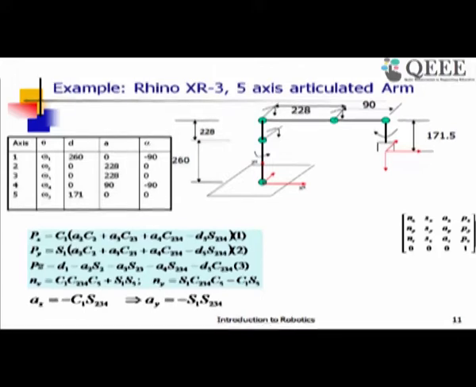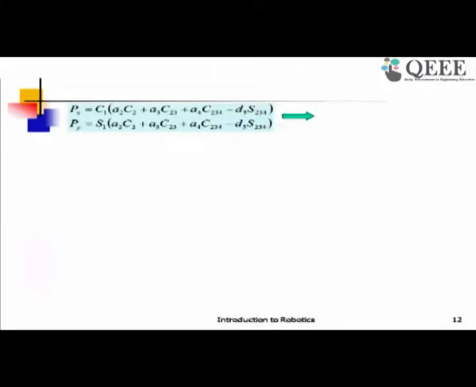So let us see how to solve this. Take the first equations, Px and Py. We can see that C1 and S1 are there, and the term within the bracket is the same: A2 C2 plus A3 C23. We can easily see that this can be used to solve for theta 1. So please try to solve theta 1. How do you get theta 1 from that?